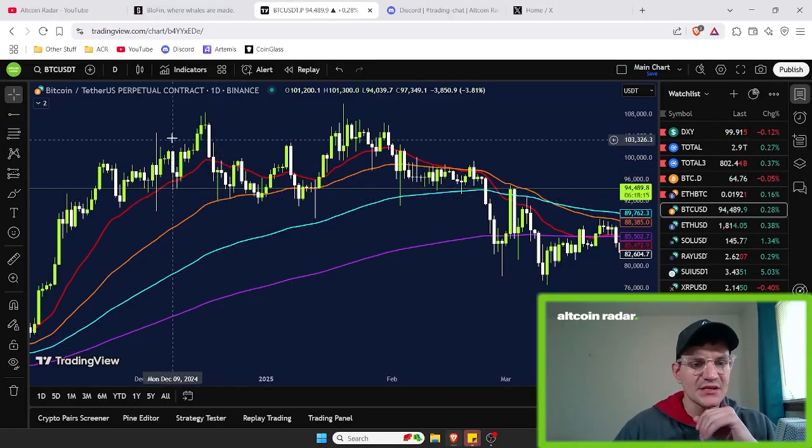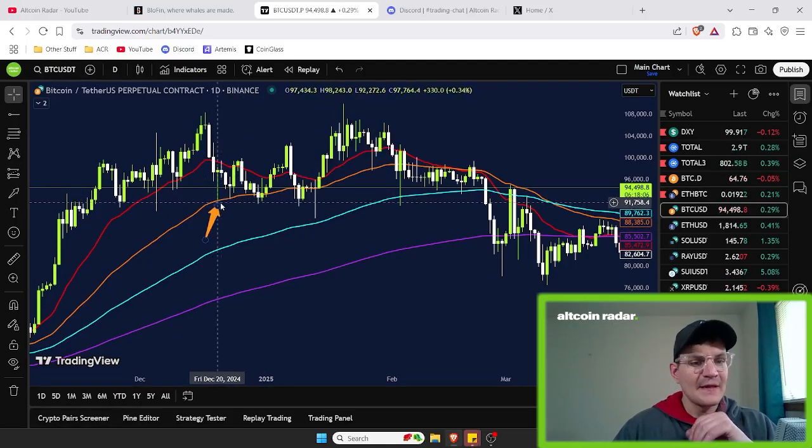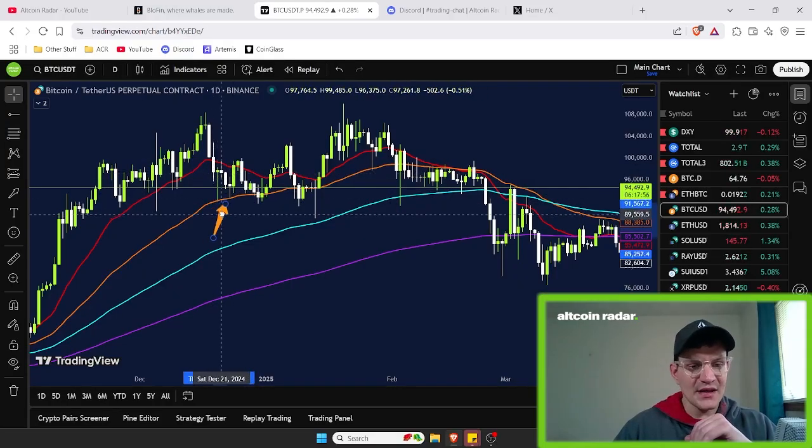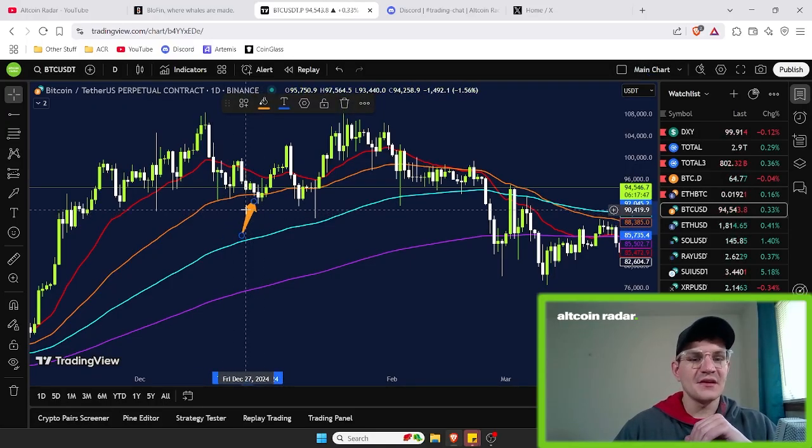So price action came all the way down to the 50 period EMA right in here, and that acted as good solid support. And then it bounced straight up, got rejected all the way down here and shot straight back up. But then a couple days later it came back down and hit it once again right down in here, all right? And then a couple days later, once again, it tested that same EMA, the 50 EMA right there.